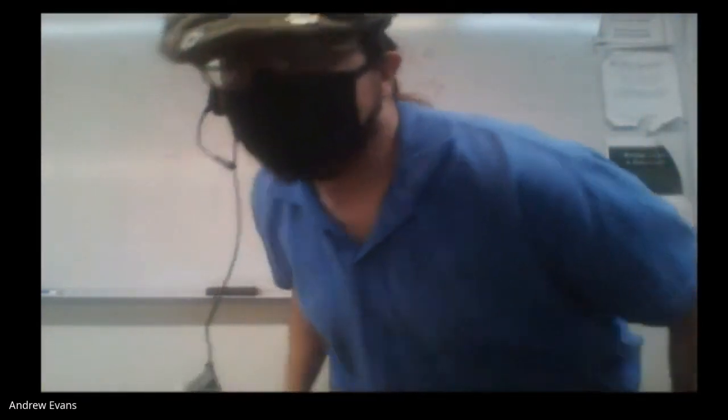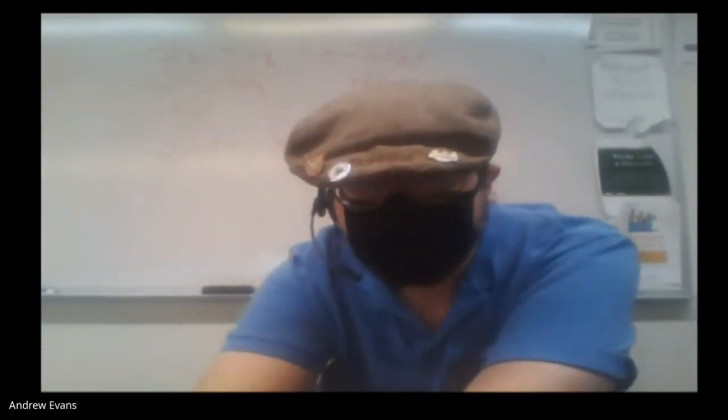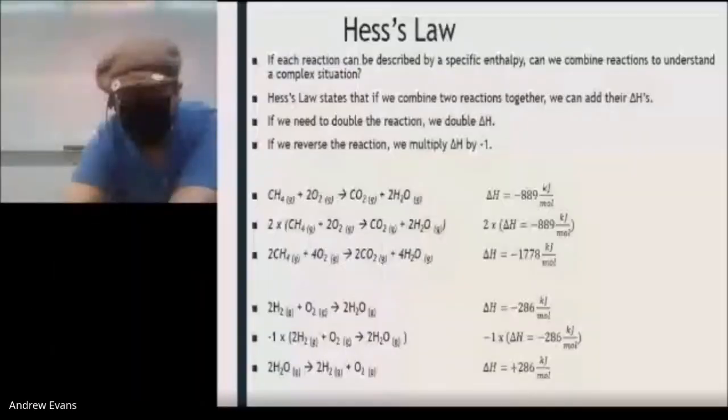Instead of going from left to right, we could look at it as going right to left. But when we make it negative, we are reversing the sign. And so instead of going reactants to products, now we're going from what was formerly products back to reactants.